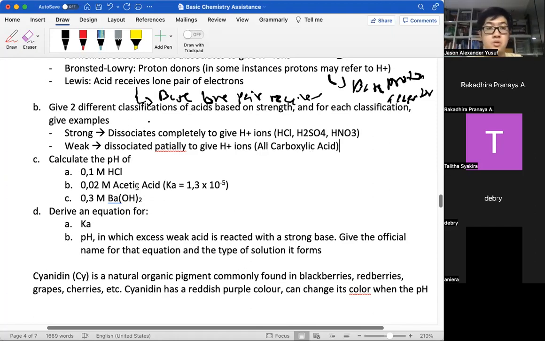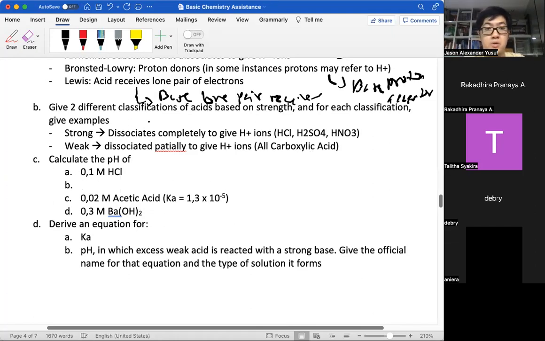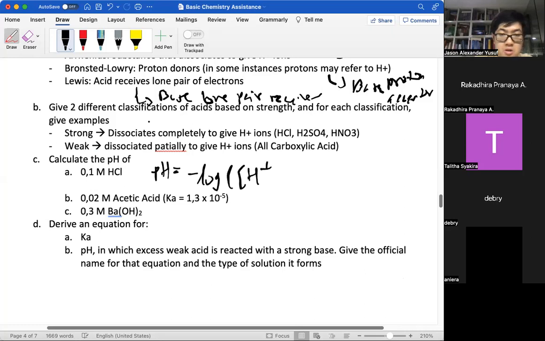Yeah. And next, we calculate the pH of 0.1 molar of HCl. For the calculations of acid, we have this formula: pH is negative log H plus concentration. And this applies to all.